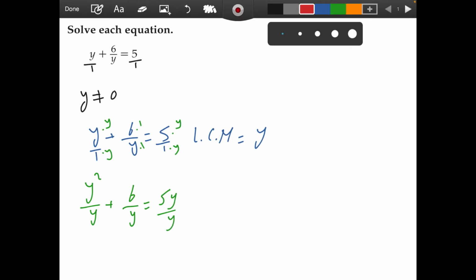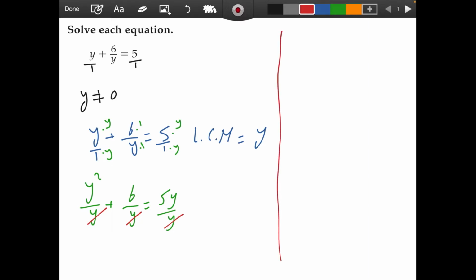Since all denominators are the same and we restricted 0, we can cancel the denominators. So what we have left is y squared plus 6 equals 5y. This is a quadratic equation. To solve it, we take the 5y to the other side, and the right hand side is 0.